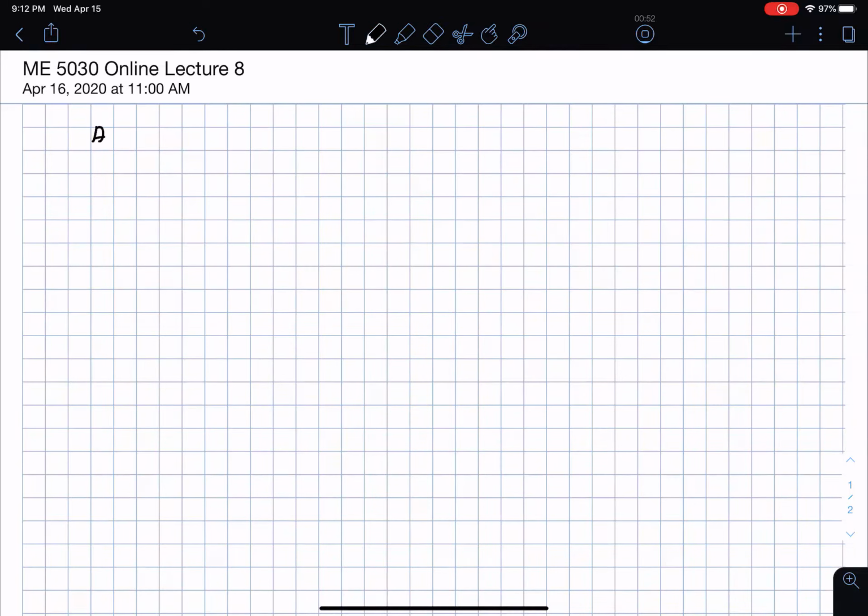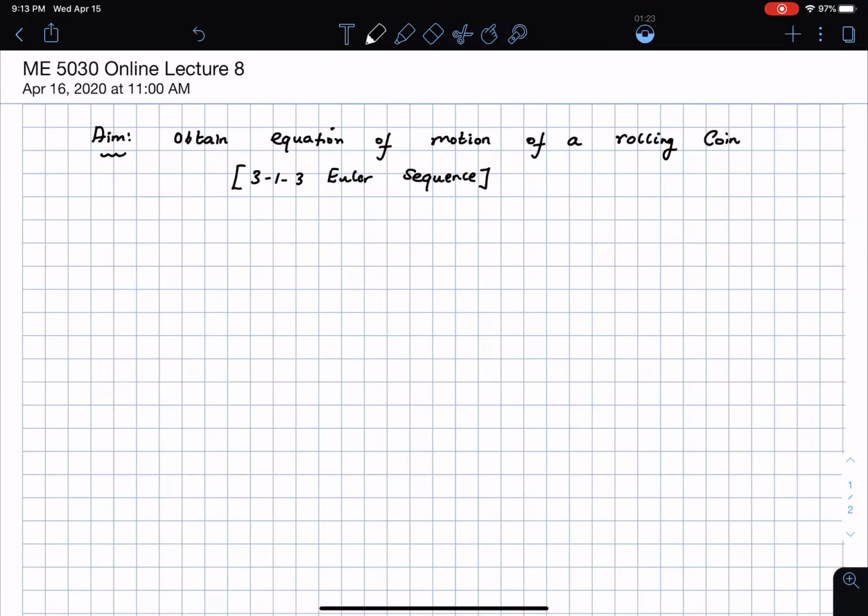So the aim for today's lecture is to obtain the equation of motion of a rolling coin. We said that we will be using the 313 Euler sequence here, and the assumptions that we have been using for this particular problem, which we will develop today to obtain the constraint equations, is that this is a coin that rolls without slip.